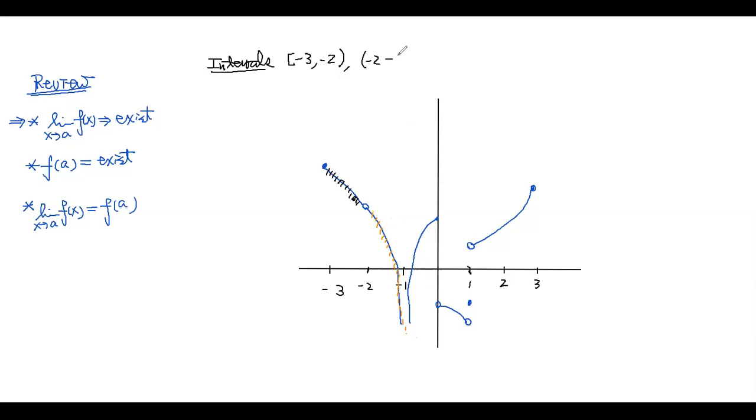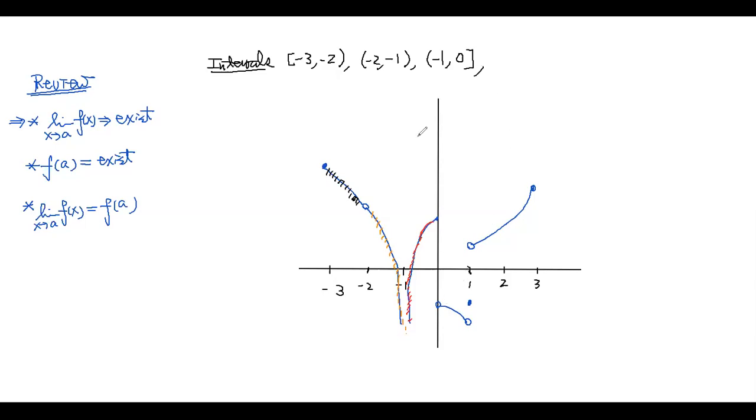So this one is continuous from -2 to -1, still with an open parenthesis. Then the next interval is this one here, from -1 all the way to 0, and it is a closed interval at 0.